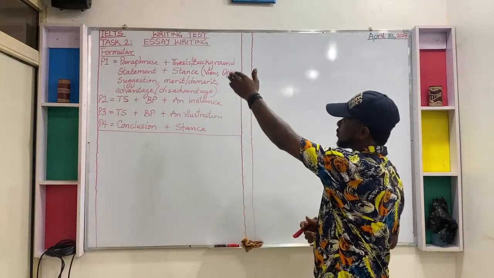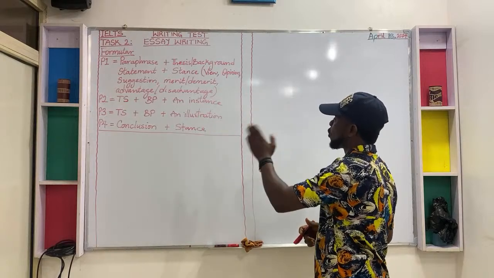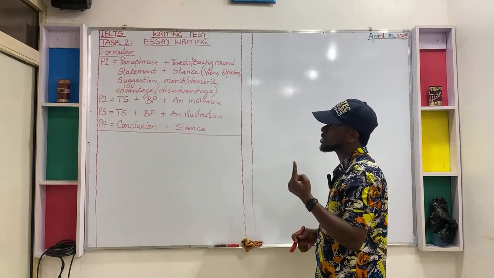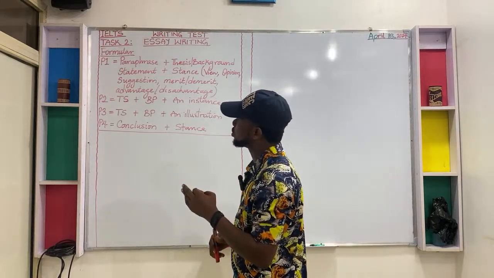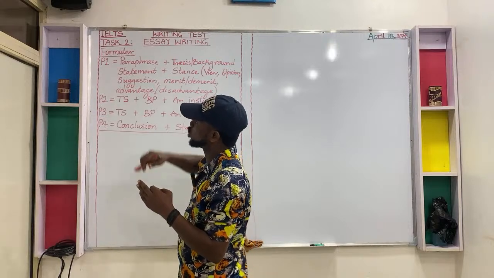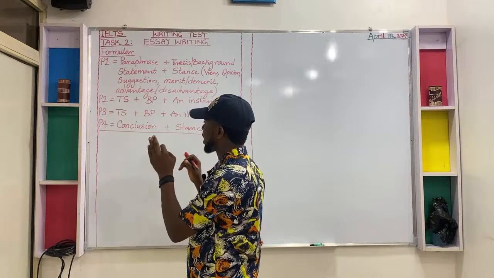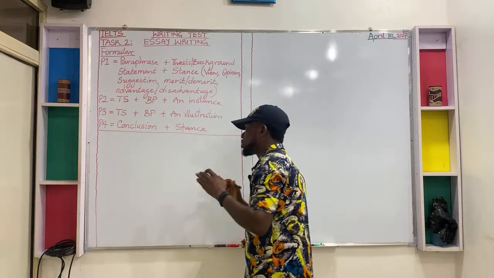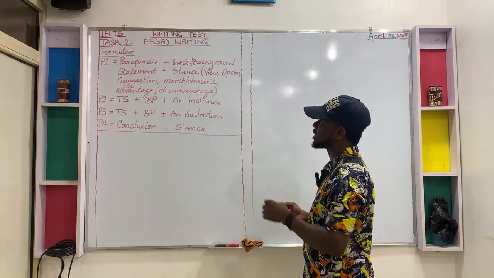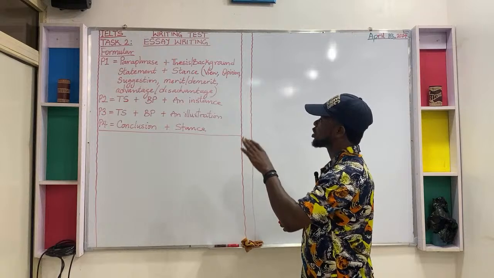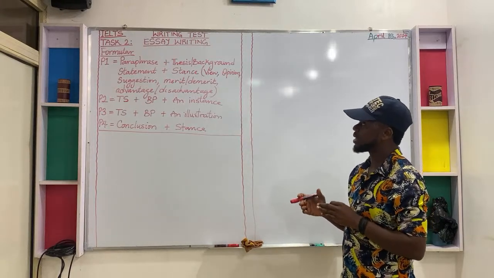By virtue of the P's right here, you are meant to have 4 paragraphs because each P stands for paragraph. So your essay should show 4 paragraphs. Do not write less than 4 and do not write more than 4.